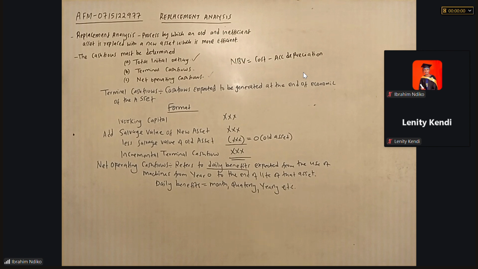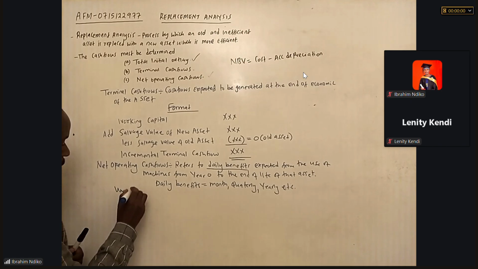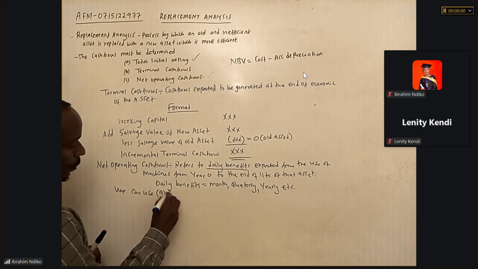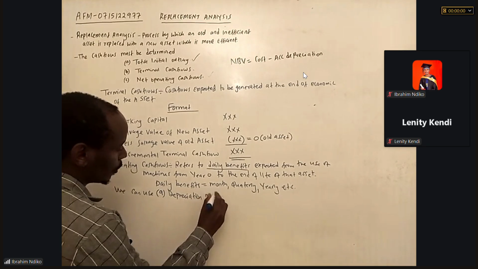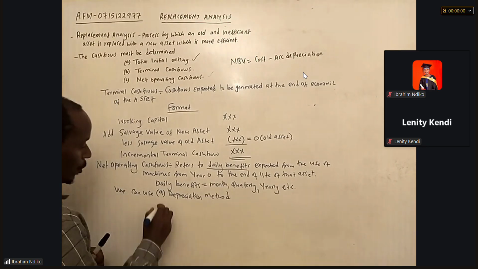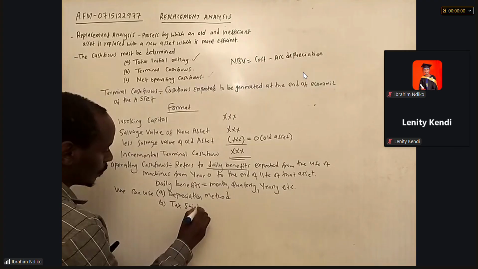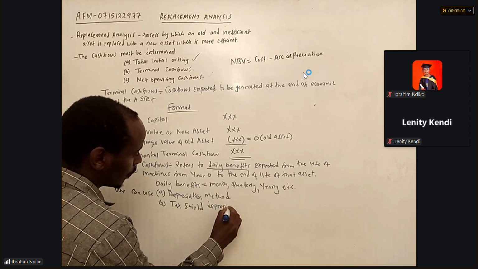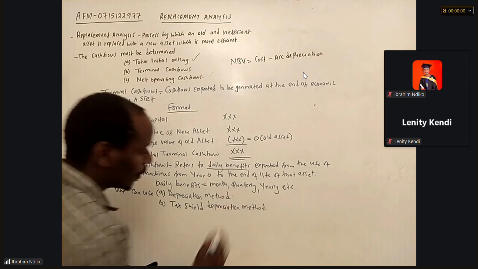And how do you compute this net operating cash flow? We have 2 methods. We can use number 1, the depreciation method, or we can use the tax shield method.